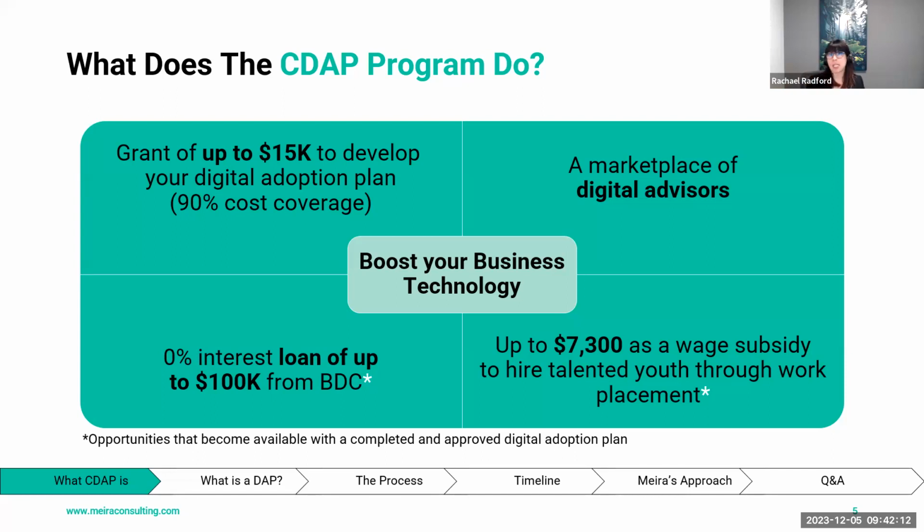And then the wage subsidy could help you hire someone who's going to administer that system and use it and track it and help you manage your pipeline. So there's different subsidies and grants that come into play, and they all work together to help you implement a technology strategy.